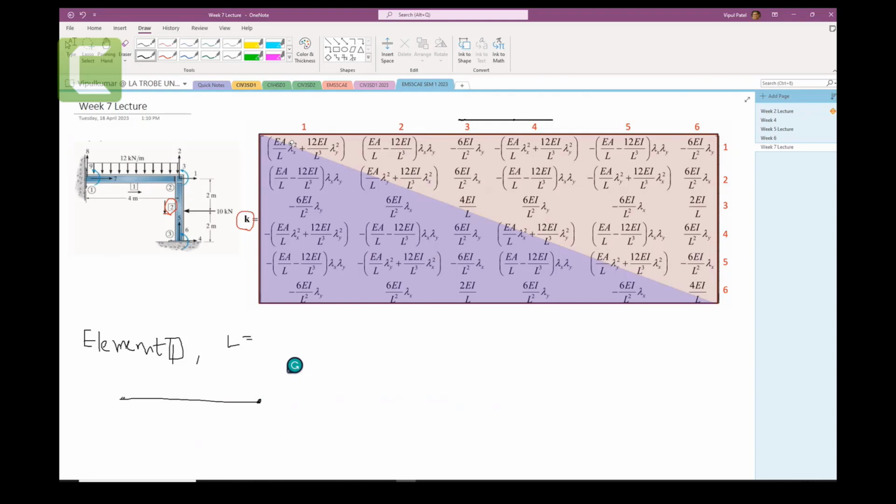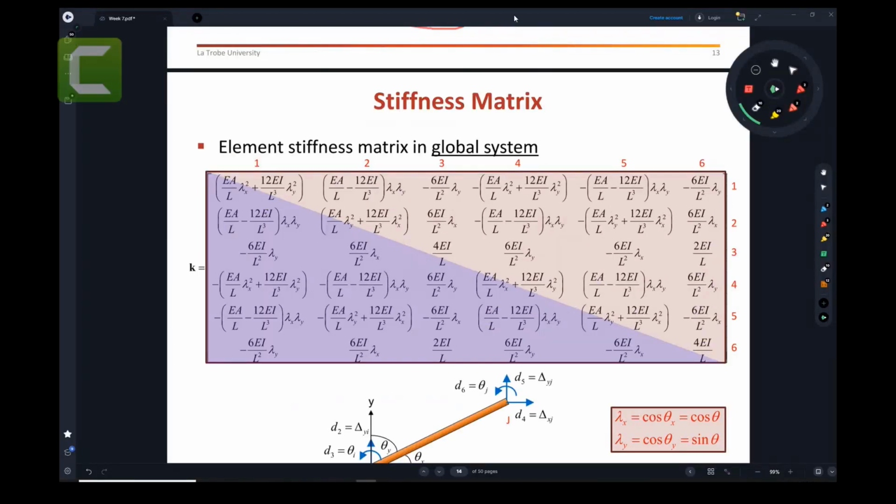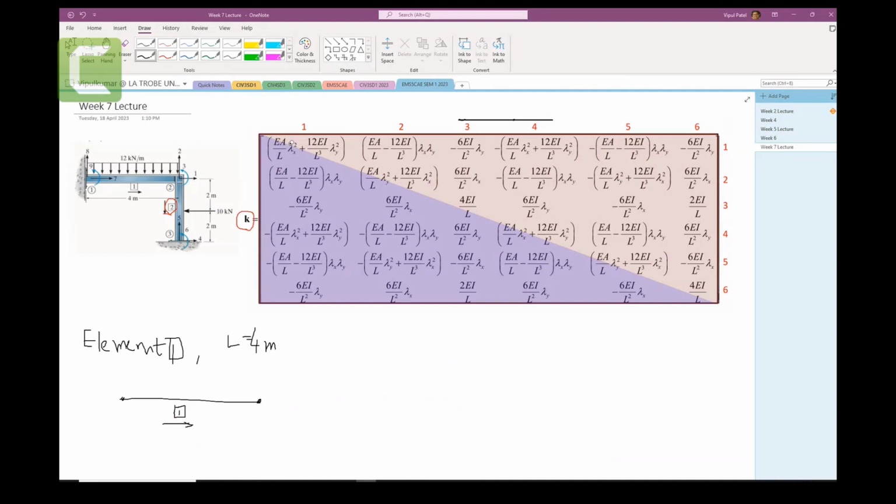If I put it here, element number 1, and you have an arrow location vectors, and the length of element number 1 is 4 meters. You with me so far, right? So you are with me so far on that one. So that's all good. Element number 1. Stop me or put in the chat if you don't understand any of this. Then we will have the degrees of freedom.